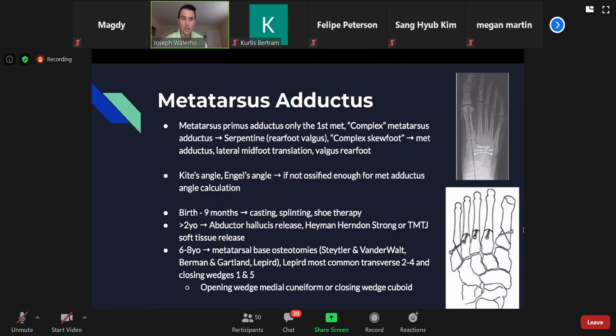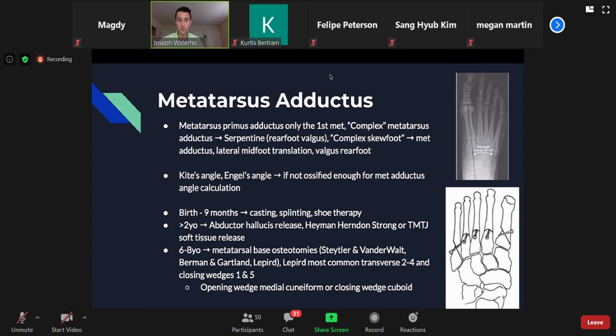All right, how do we measure metatarsus adductus? You know how to measure your metatarsus adductus angle in general. Let's say you don't have bones to do the work because they're not ossified yet. You can use your Kite's angle, or you can use Engel's angle, if not enough bones are ossified to get that. And metatarsus adductus is nice because you're going based on age, and this is defined by McLamore and other resources.